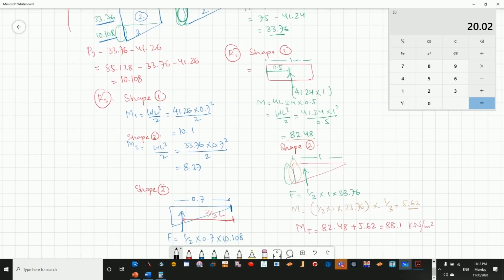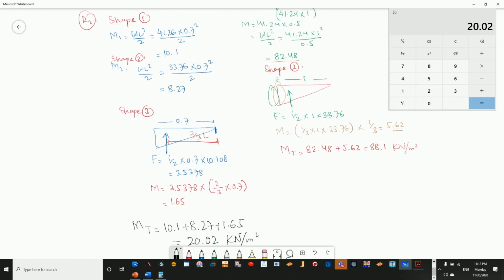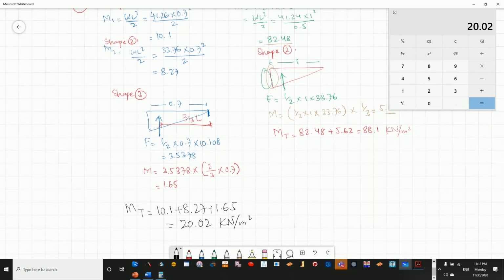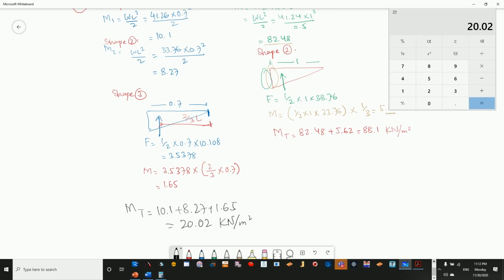Anyhow, you just cross check the calculation. Once again, I'm solving using the calculator of the PC. But anyhow, according to whatever we have done, the final moment to be taken into account is this one. If your answer is per meter, this is per meter square. If you're designing for 2 meters, then your final answer is going to be 88.1 multiplied by 2.